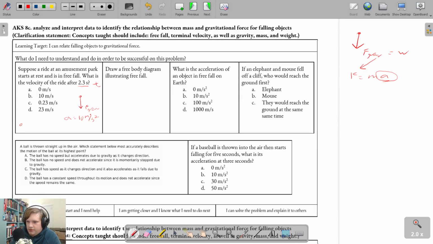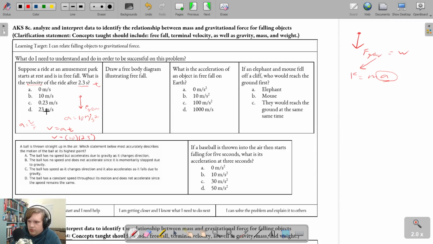I know that acceleration is equal to velocity over time. So if I rearrange that, velocity is equal to acceleration times time. It says, what is the velocity? This solves for velocity. We take our acceleration, which is 10. So velocity is equal to 10 times 2.3 seconds.